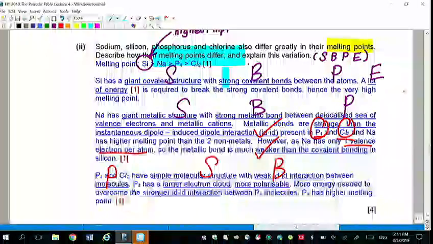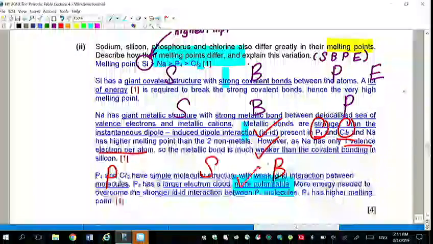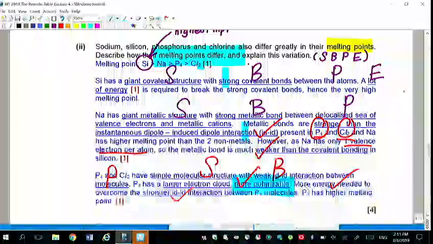And very commonly missed out, I mentioned this before, you forget to tell me larger electron cloud means more polarizable. More polarizable, stronger ID-ID, more energy is needed to overcome the stronger ID-ID interaction.